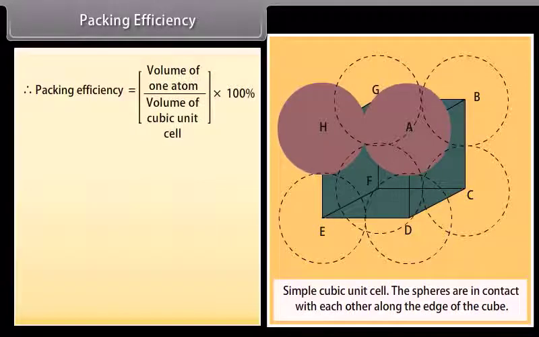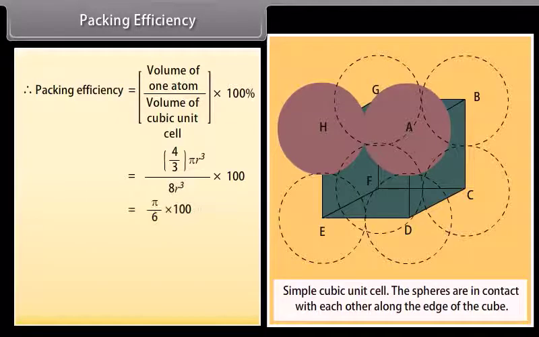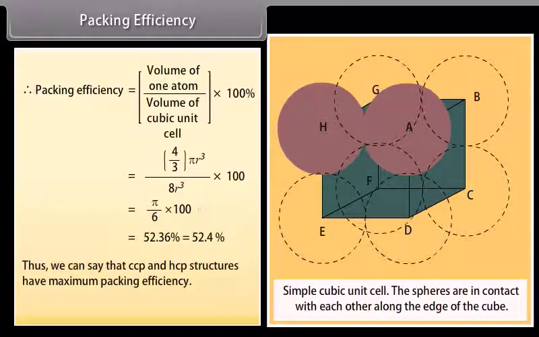Therefore, packing efficiency is equal to volume of one atom upon volume of cubic unit cell into 100, which is equal to 4/3 pi r cube upon 8r cube into 100, which is equal to pi upon 6 into 100, which equals 52.36%, which is equal to 52.4%. Thus, we can say that CCP and HCP structures have maximum packing efficiency.